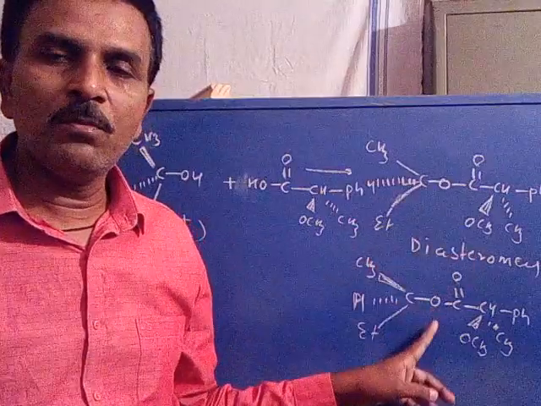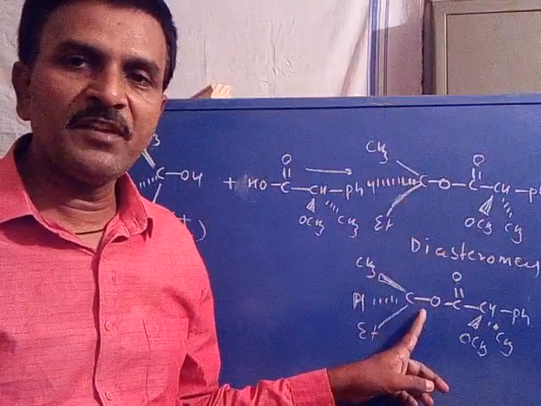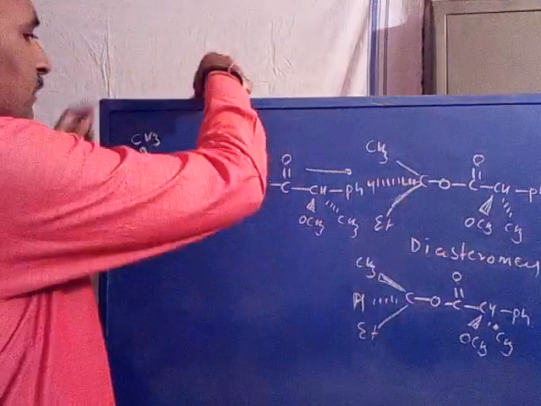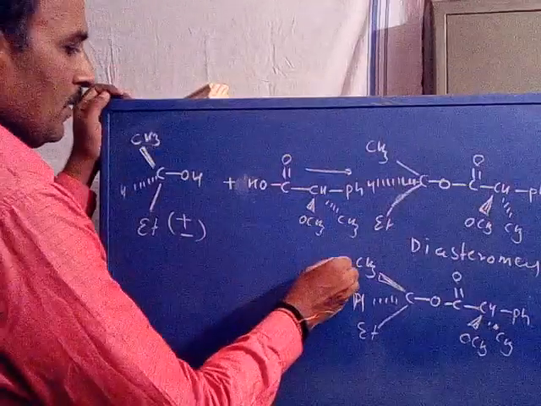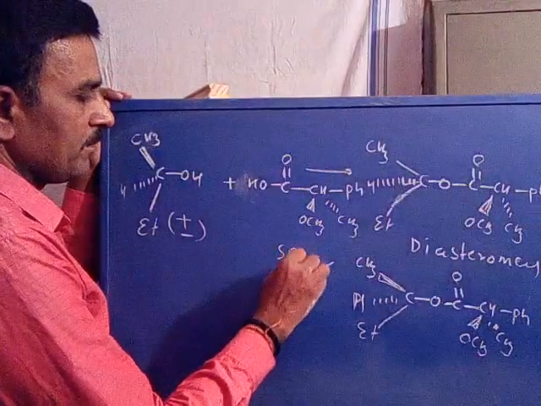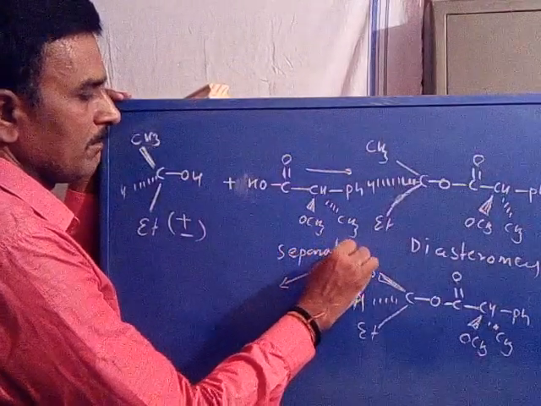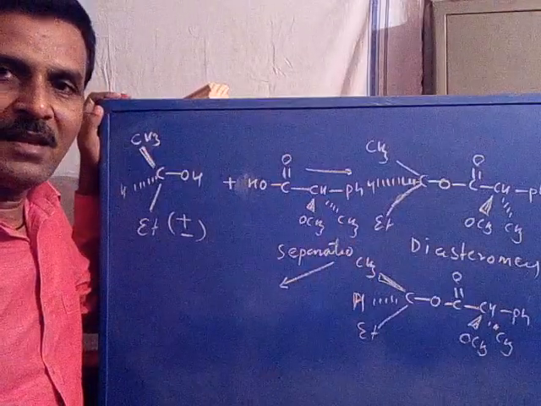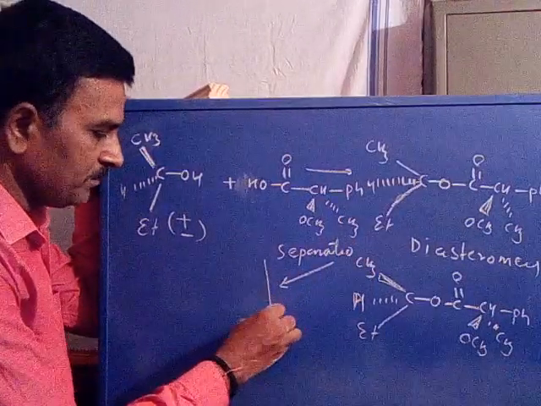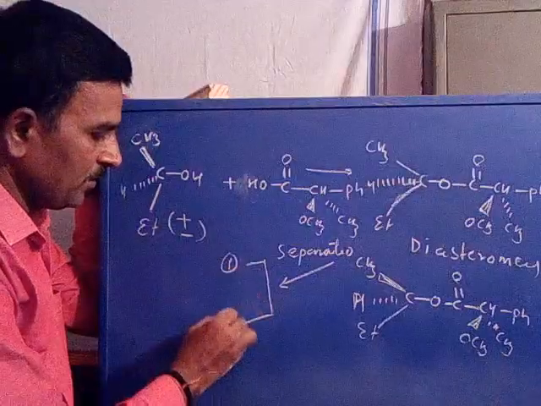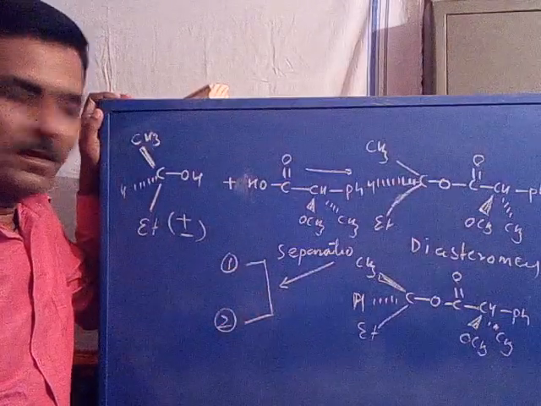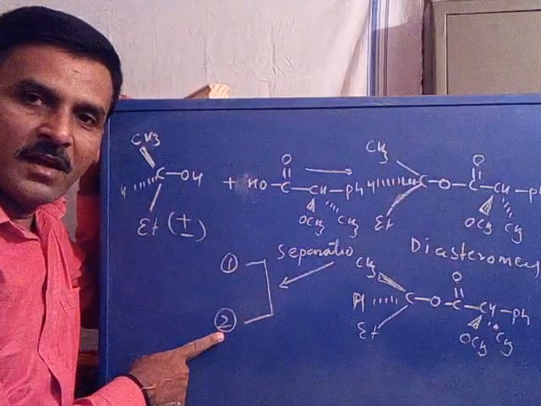Now each diastereomer from the mixture can be separated easily. After their separation, say first diastereomer, second diastereomer.